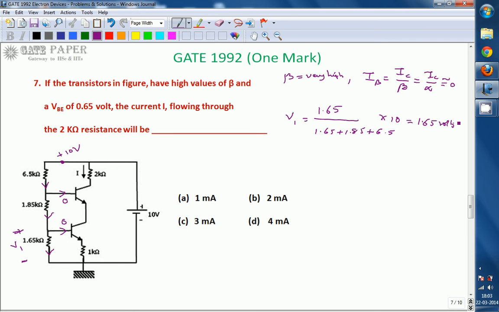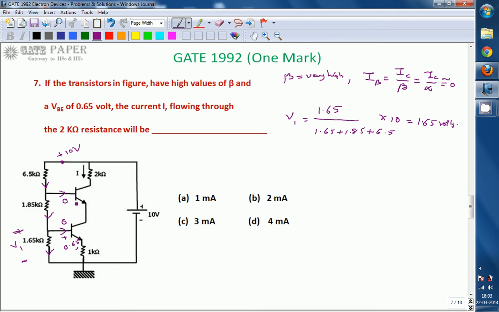So the V1 value is 1.65 volts, and the voltage drop across this transistor is VBE, which is also given as 0.65.